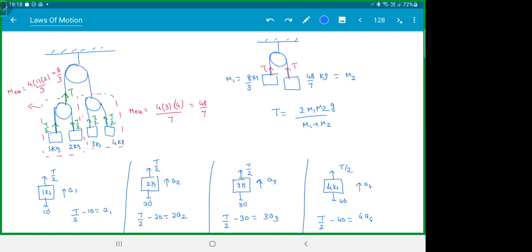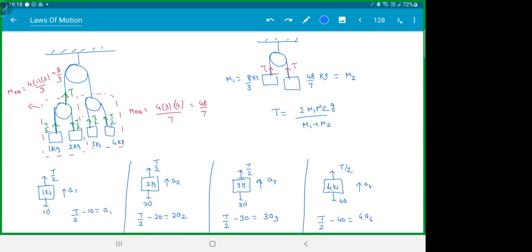But any doubts on this? First, let me ask if you're confused here. Clear?